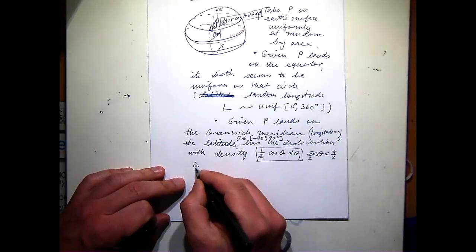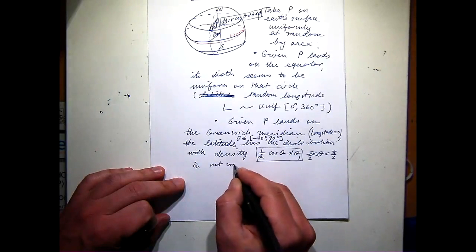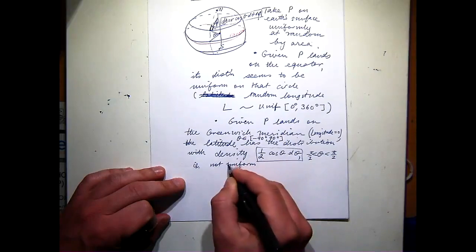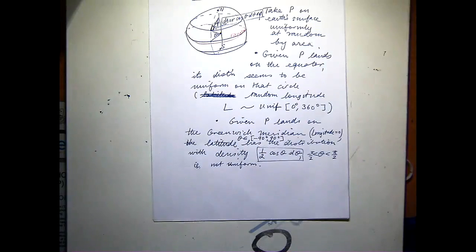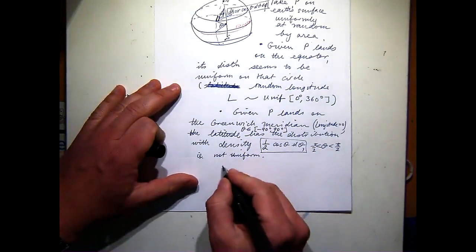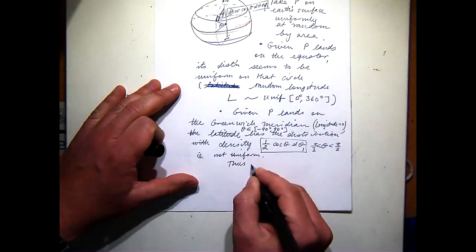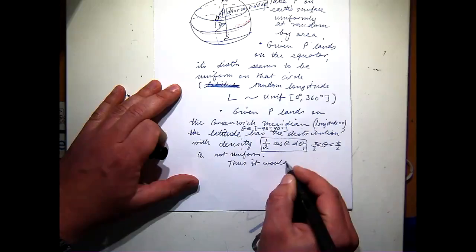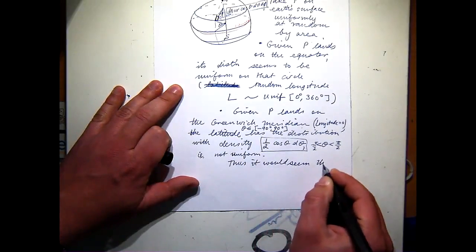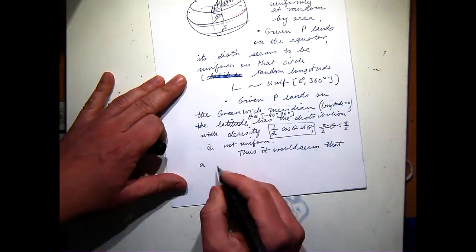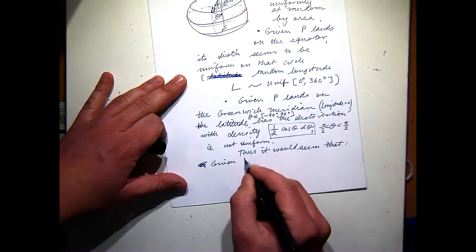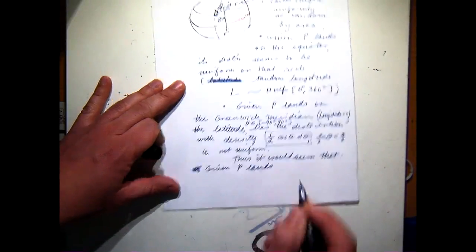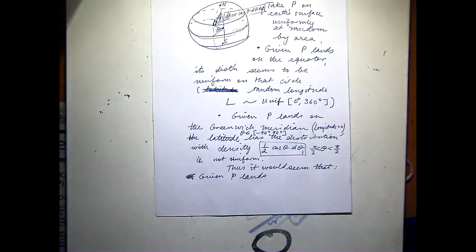So certainly not uniform. And so it's true that the Greenwich meridian is not a great circle. So it would seem that, well, let's extend that Greenwich meridian to make a great circle, because after all, it's a semicircle.